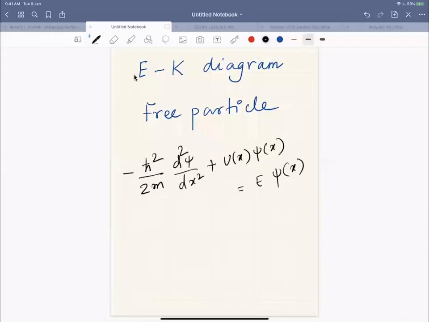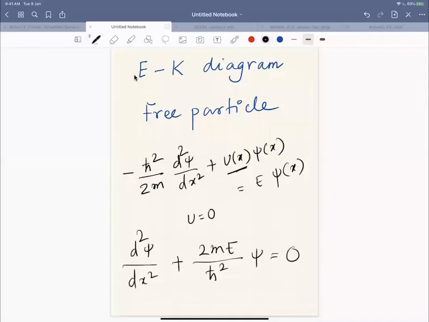If you write down the 1D Schrodinger's equation, it is minus h bar square by 2m d square psi by dx square plus u psi equal to e psi, right? Here u is the potential energy. For a free particle, u is 0, so we have written this as d square psi by dx square plus 2me by h bar square psi equal to 0. Then we have solved this, right?